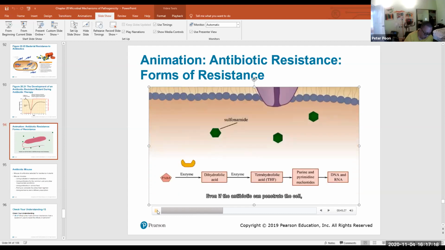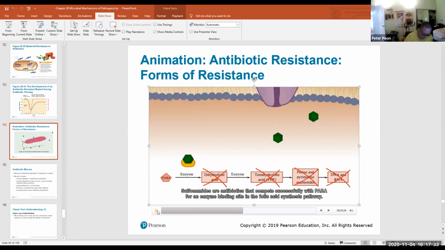Even if the antibiotic can penetrate the cell, a resistant bacterium can make it impossible or more difficult for the antibiotic to bind to its target. Sulfonamides are antibiotics that compete successfully with PABA for an enzyme binding site in the folic acid synthesis pathway.